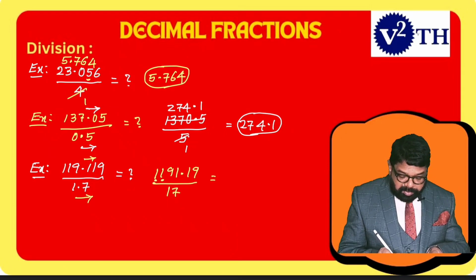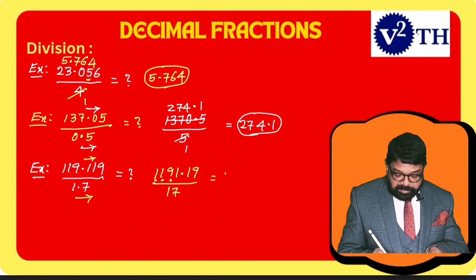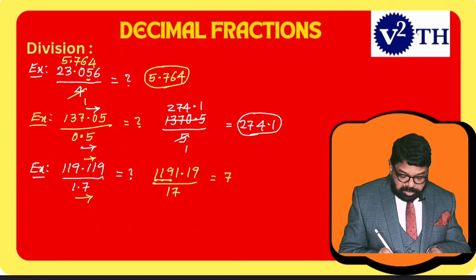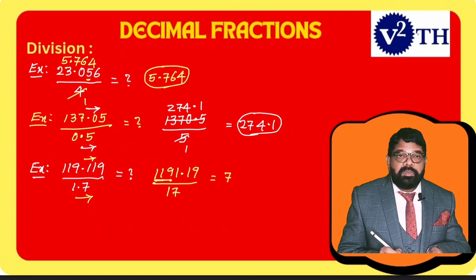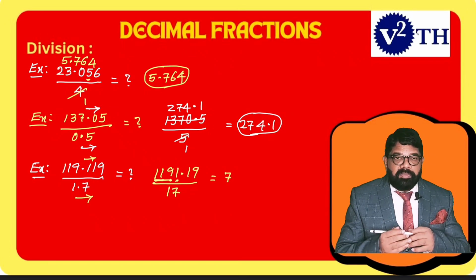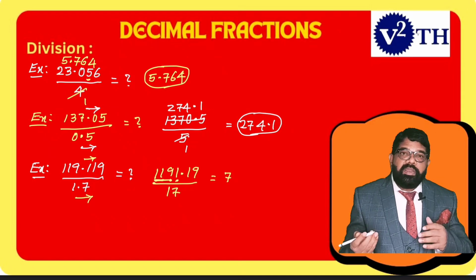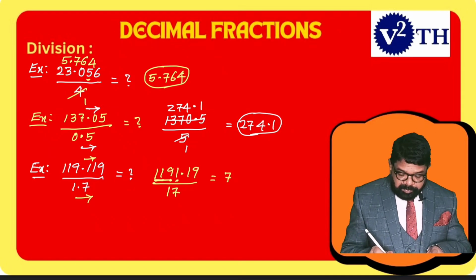First you take any number of digits for our convenience. So 119. 17 sevens are 119. Up to this you have to take 3 digits. Next you take 1 digit. Only 1 digit, so it is not divisible. So it is not divisible, which means you take another digit. When you take another digit, you take 0.